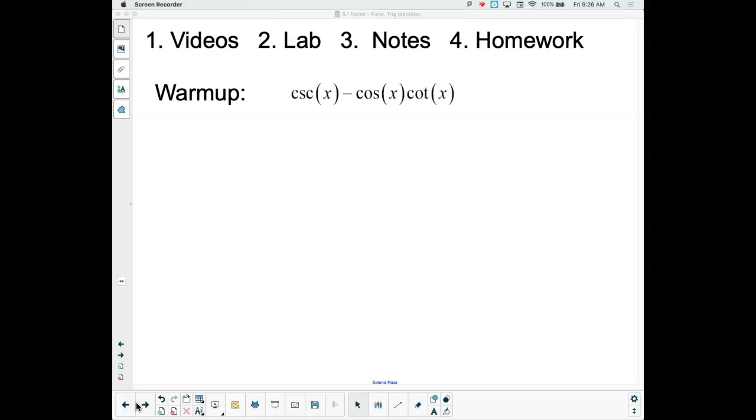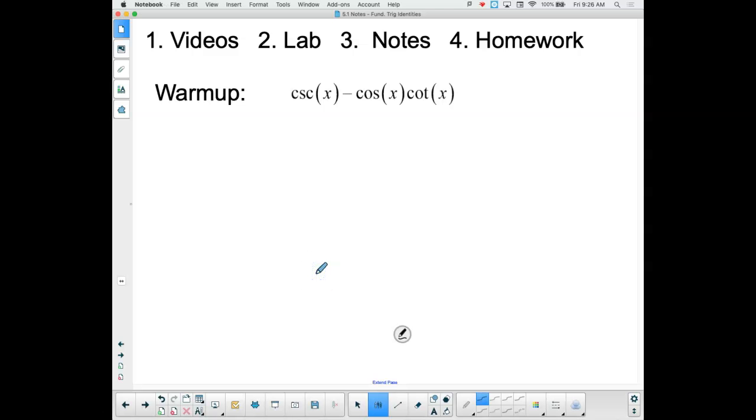Is that what you got? Yeah, because that's what you should have gotten. Go for it. Talk to me. I don't know if this is right, but the cosecant of x times cosine x times cosine over sine x.